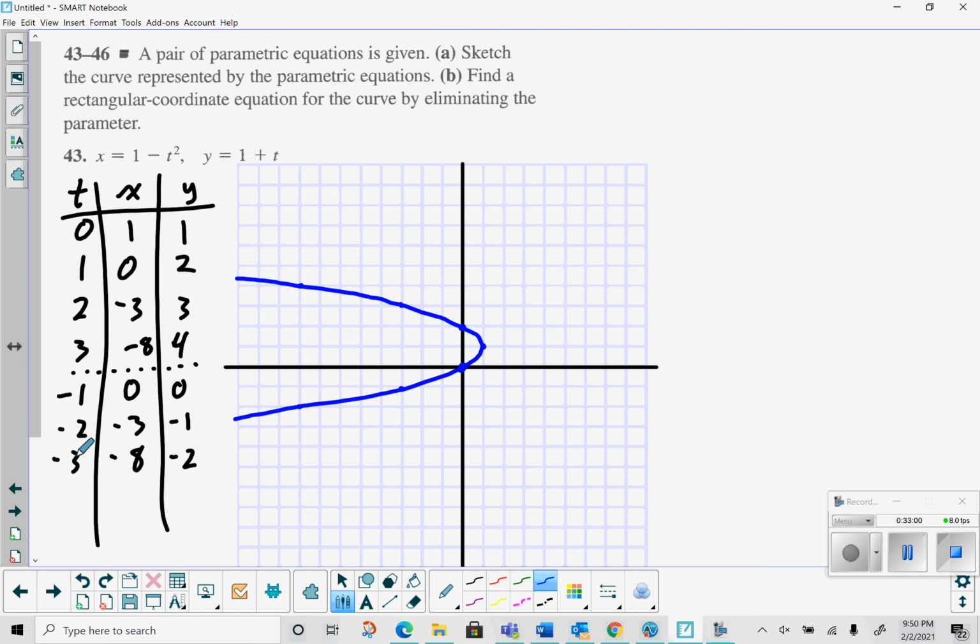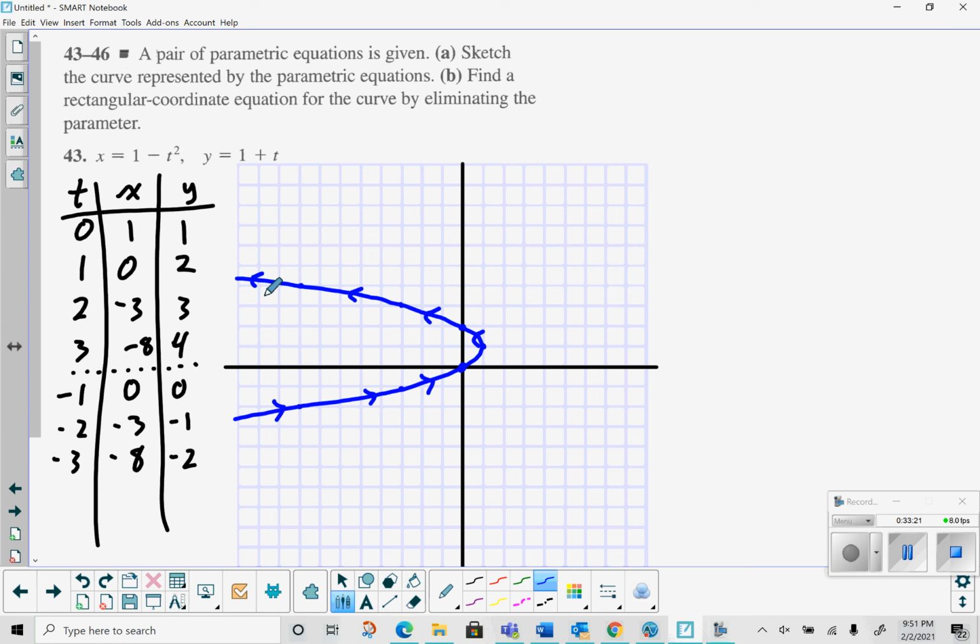So if I'm going from t is negative values that were down here, it goes through 0, 0, and then turns. As my values for t are positive, it goes in this direction.